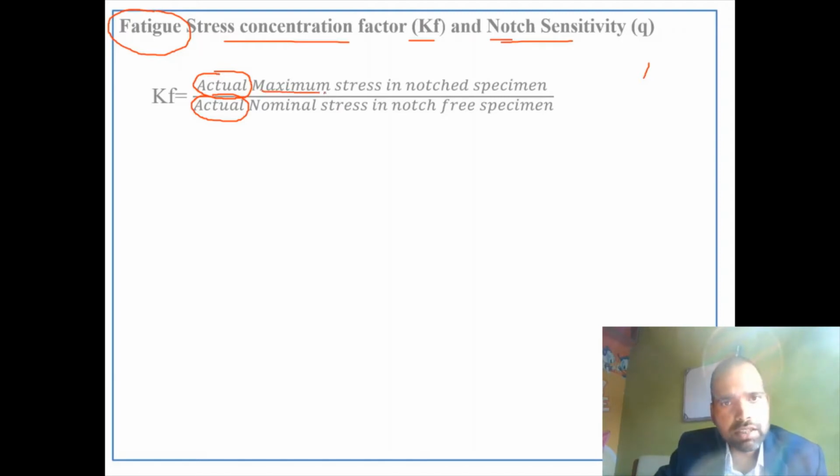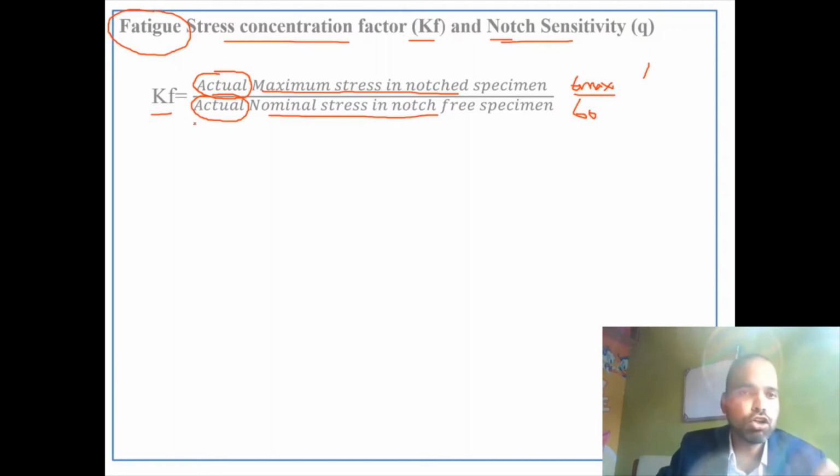So it is the actual maximum stress in the notched specimen divided by the actual nominal stress in the notch-free specimen. These are all actual values, which give us the fatigue stress concentration factor, while the theoretical stress concentration factor gives us theoretical values. That is the difference between the two.